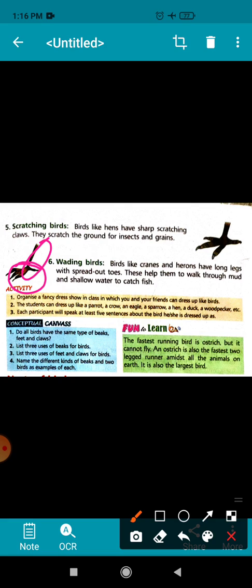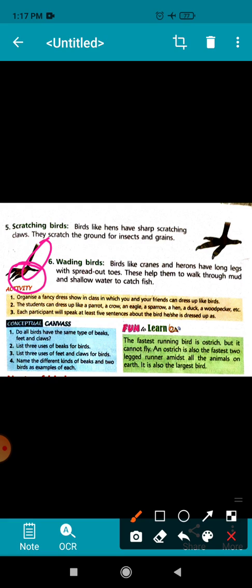Children, these long legs help them to walk in shallow water without getting wet, and spread out toes help them to walk on the ground.